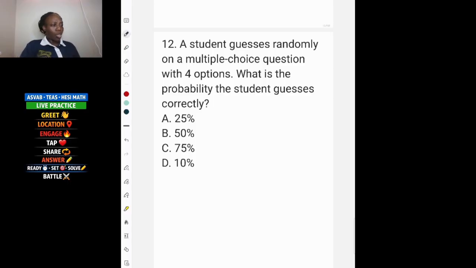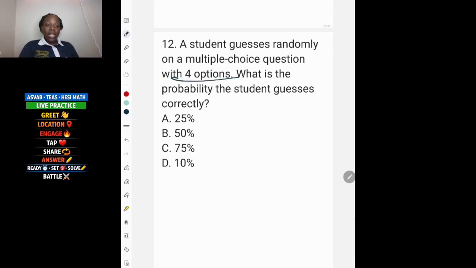So a student guesses randomly on a multiple choice question with 4 options. What is the probability the student guesses correctly? If you are talking about guessing, how many outcomes will that person have? 4 options.